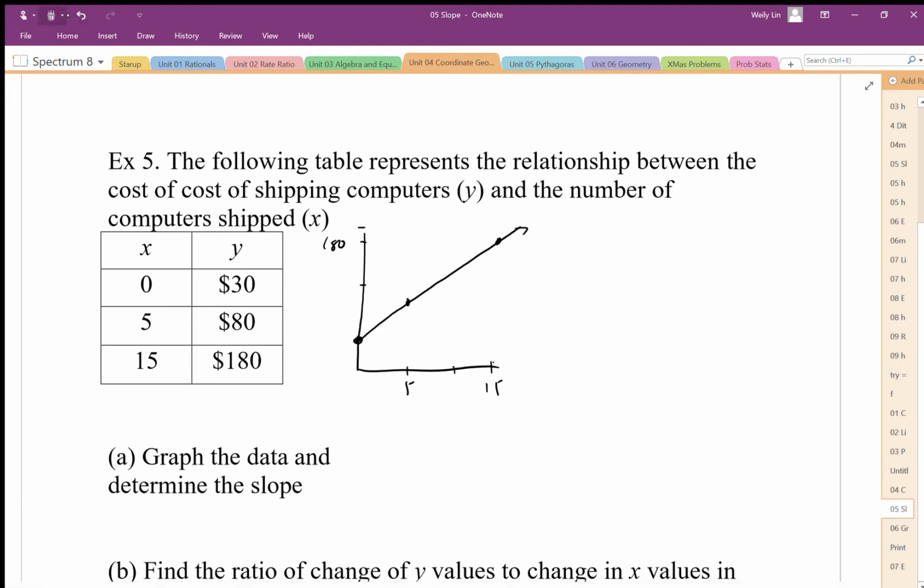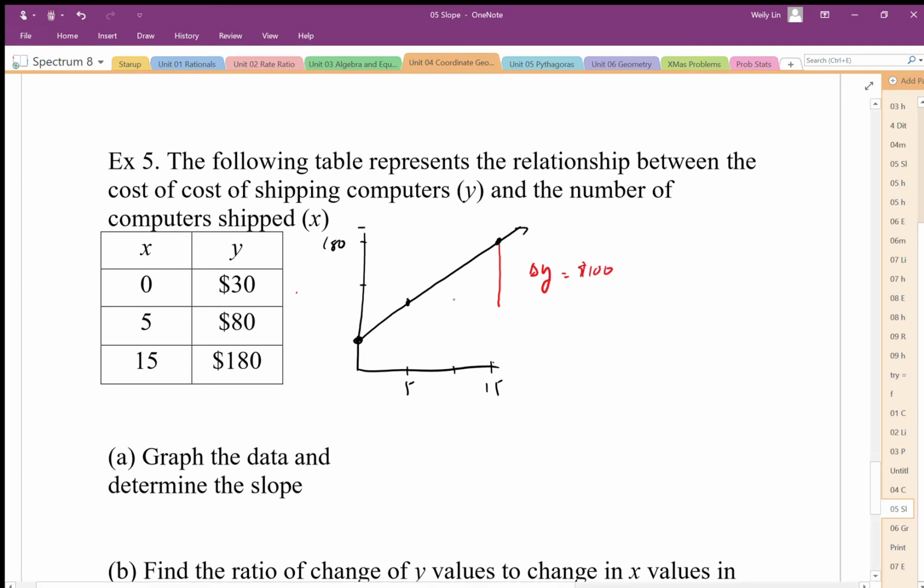Now, where do I see slope in my graph? Well, I see slope in my graph as my rise, the change in y. In this case, I've gone from 80 to 180, so I've gained $100.